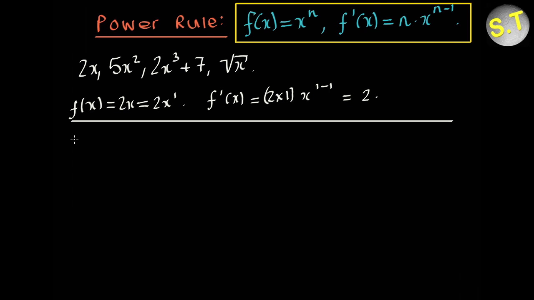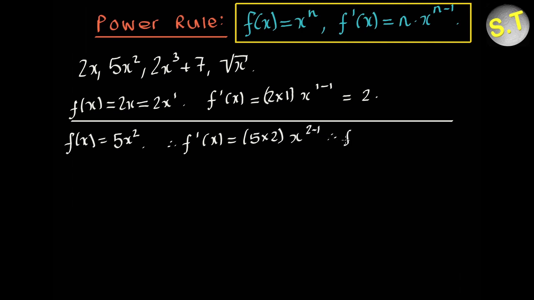In our second example, we have f of x is equal to 5x squared. So in this example, n is equal to 2. Therefore, f prime of x is equal to 5 times 2, x to the 2 minus 1.